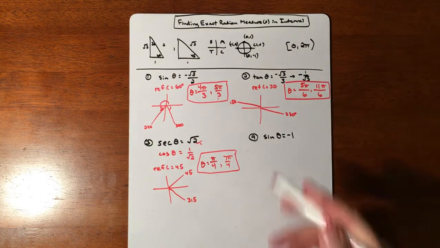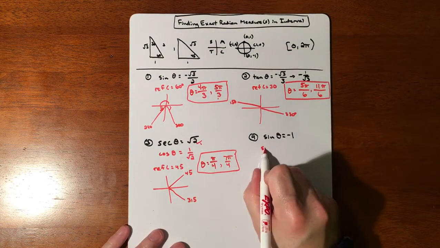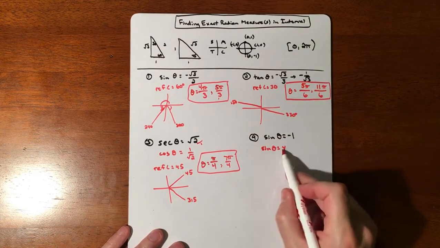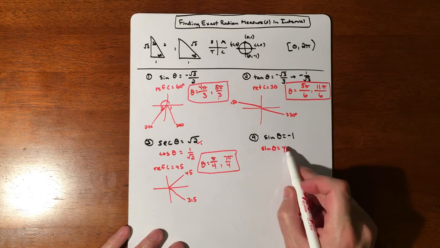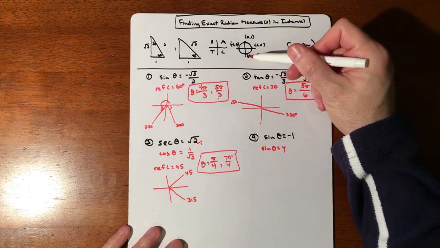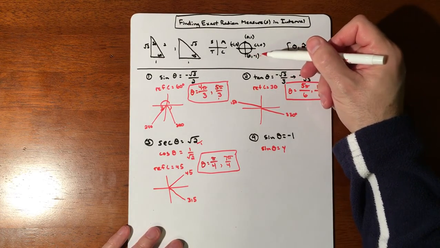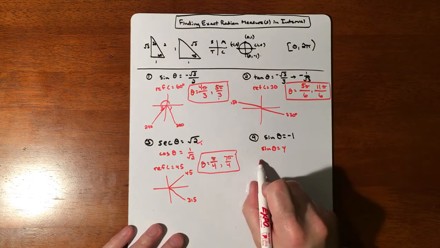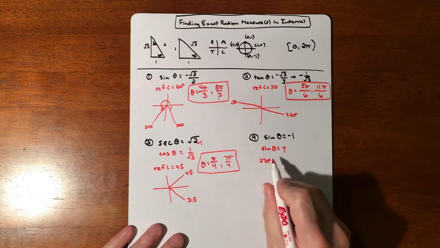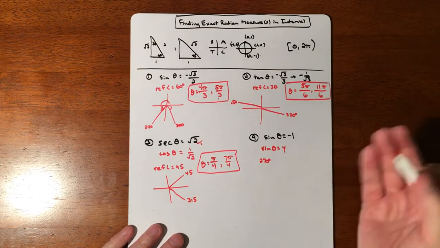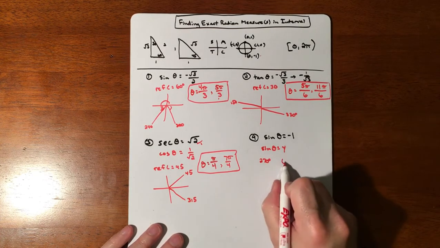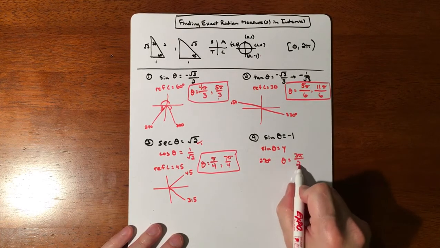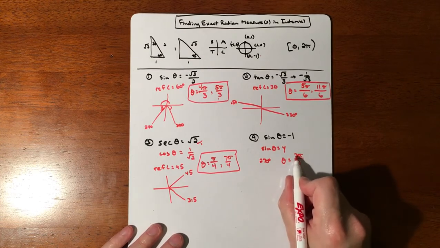Sine of theta refers to a y value. So I'm really just looking for where a y value is going to equal -1, which is right here. So that is 270 degrees, and we want the radian version of that. So our answer is going to be 3 pi over 2, because over 2 is a bunch of 90s, and we need 3 of them.